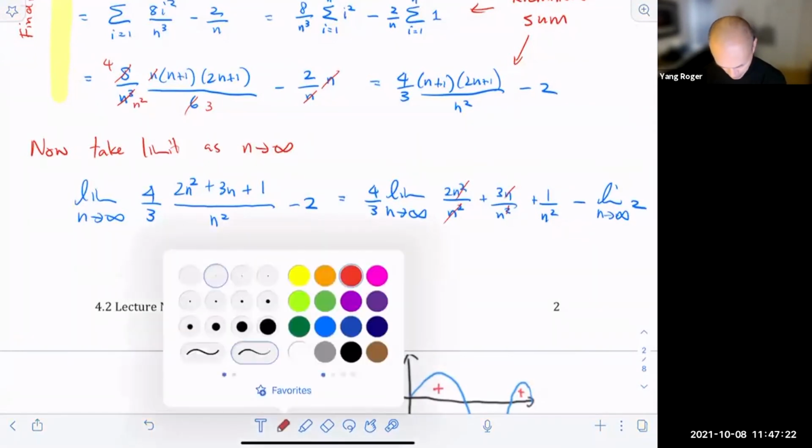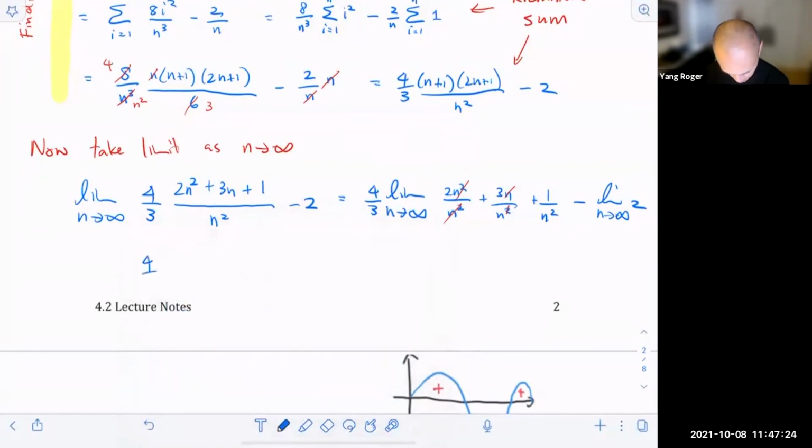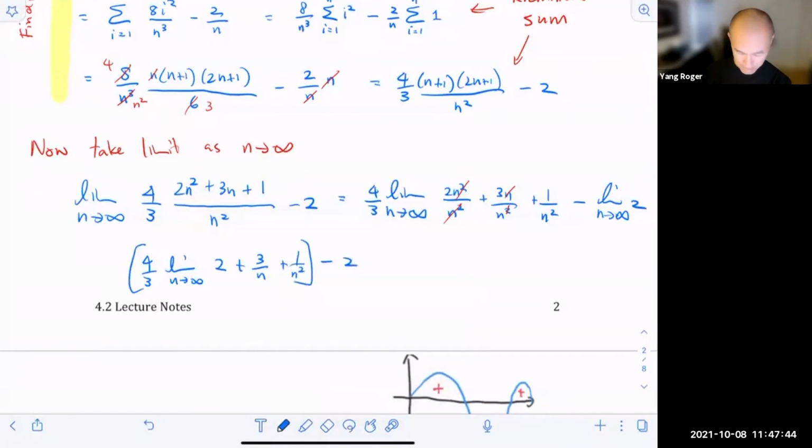So we're going to end up with 4/3 times the limit as n goes to infinity of 2 plus 3 over n plus 1 over n squared, minus this whole thing, minus 2.